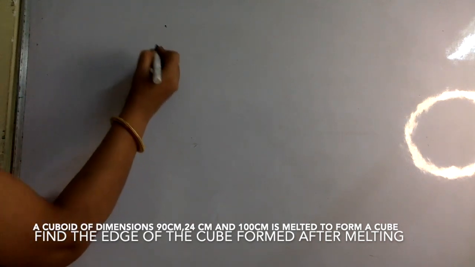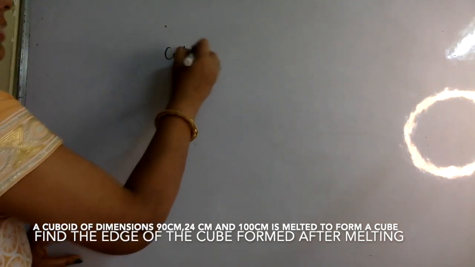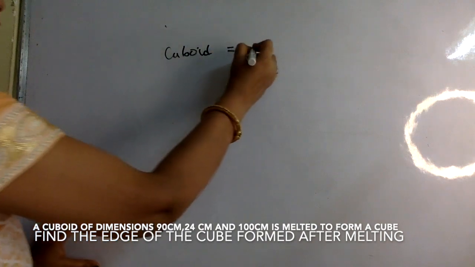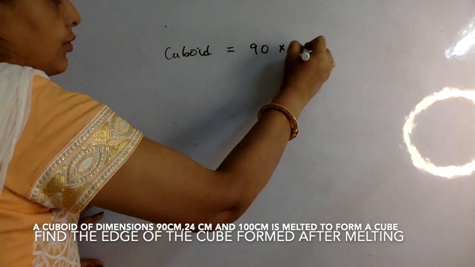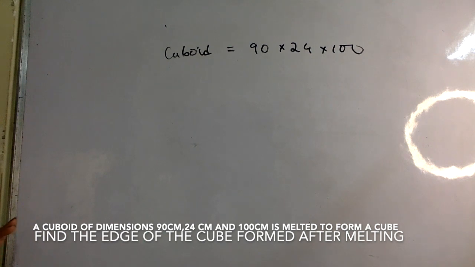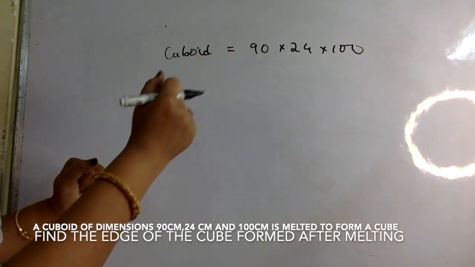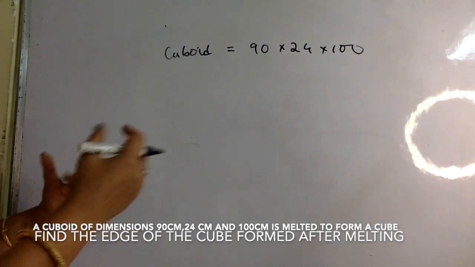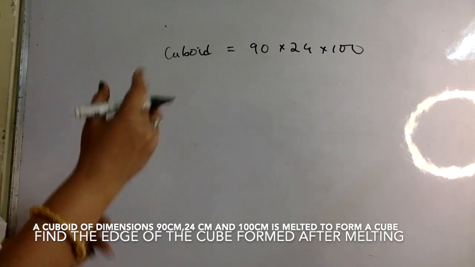So we have a cuboid here with dimensions 90, 24 and 100 centimeters. This cuboid has been melted and formed into a cube. We have to find the side or the edge of that cube.